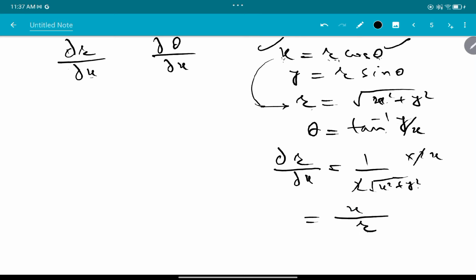This is x and this is r, you can see it. Now x by r is simply cos theta.